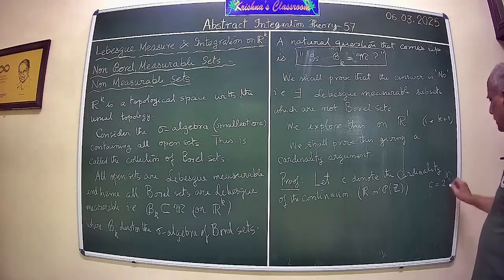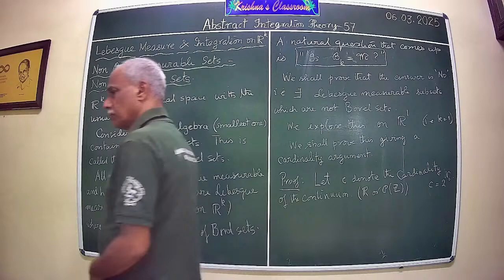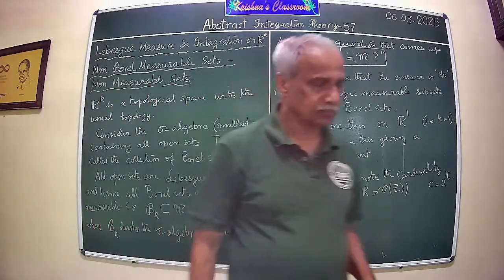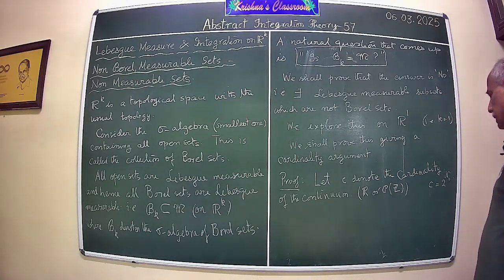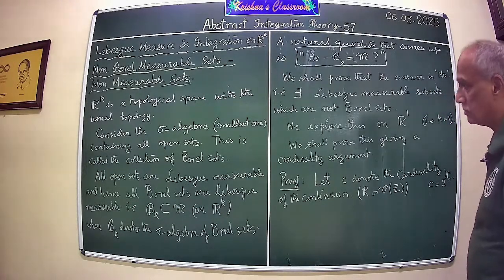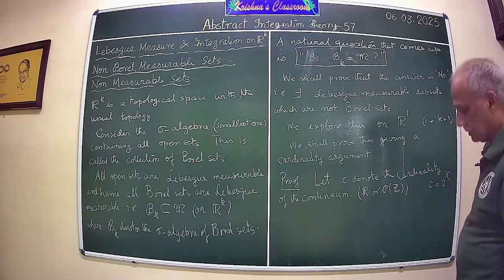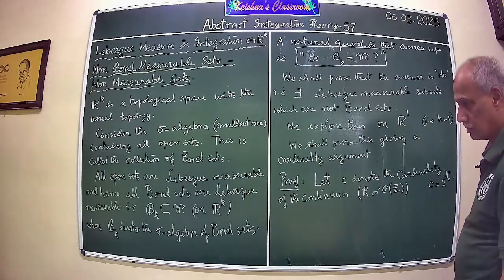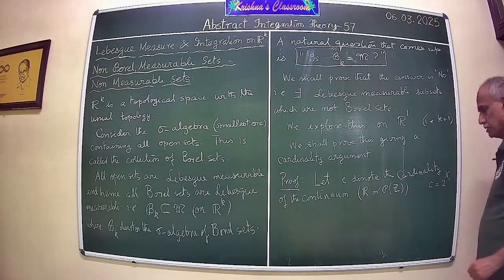Now Aleph naught is the cardinality of the integers or even the rational numbers, but the cardinality of the set of real numbers is in fact bigger, of course, naturally, but it is not the same as Aleph naught.